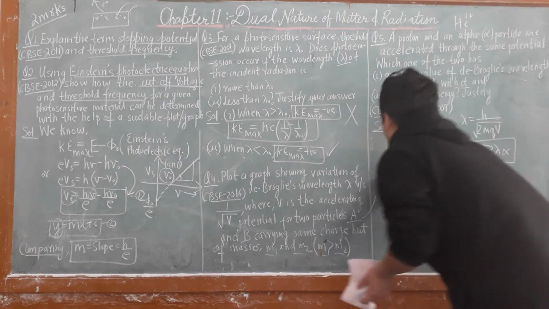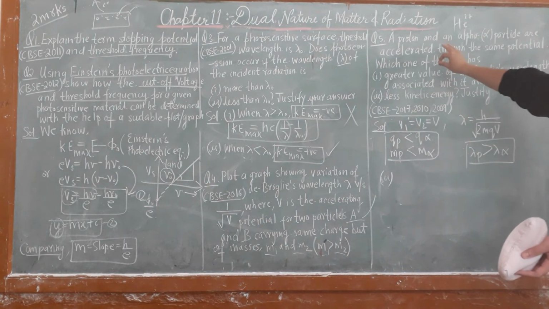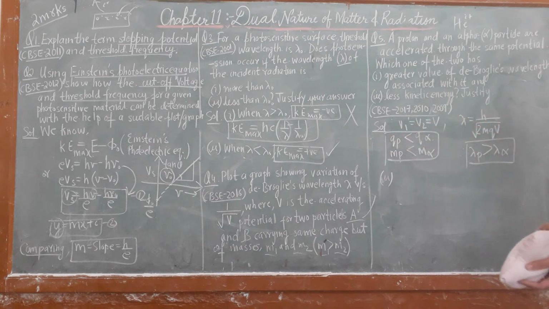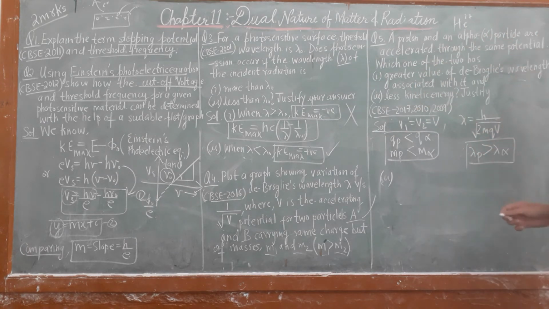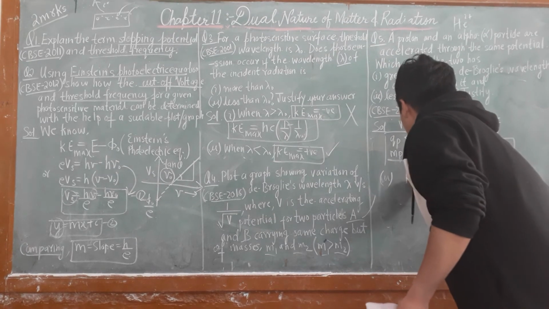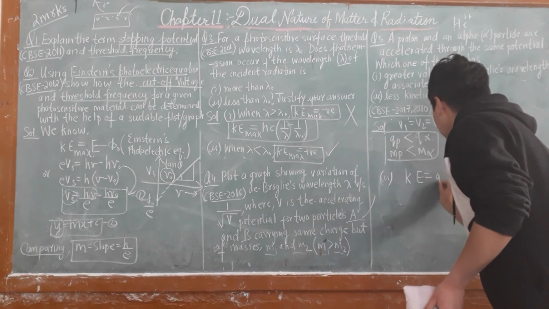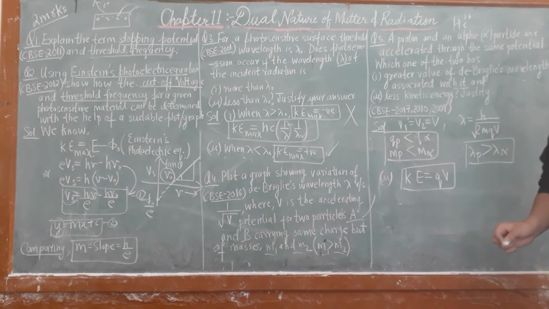Now part 2, which has the less kinetic energy. Kinetic energy in terms of charge is qV, charge into potential.